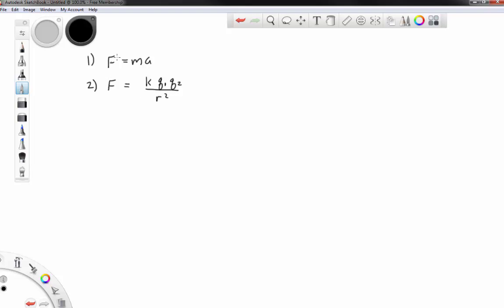We'll plug that number in here to get the acceleration, because this one is saying that the acceleration is equal to the force divided by the mass. So if we wanted to, I guess we could just do a further substitution. Since this is F and this is F, the acceleration must be K Q1 Q2 over R squared M.